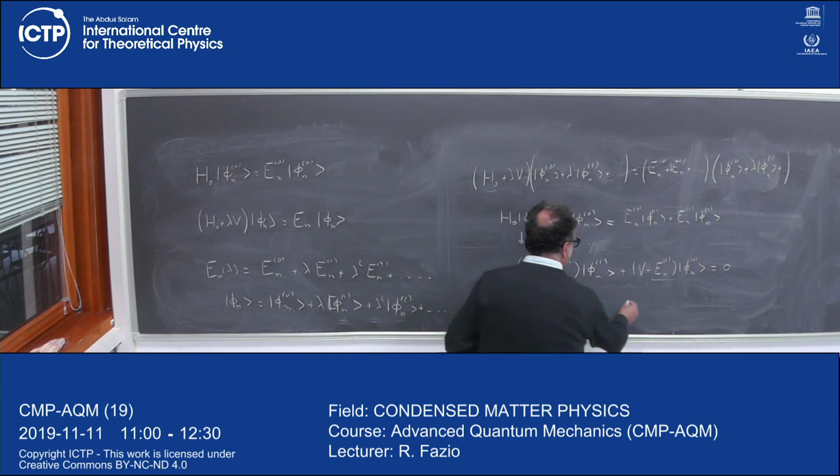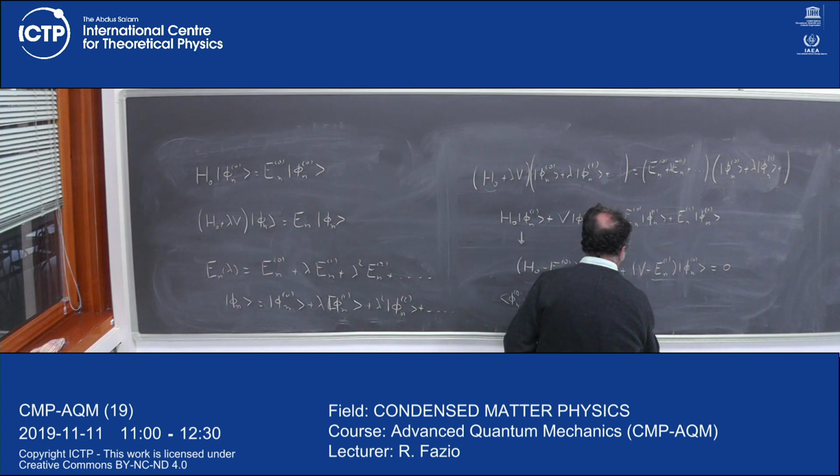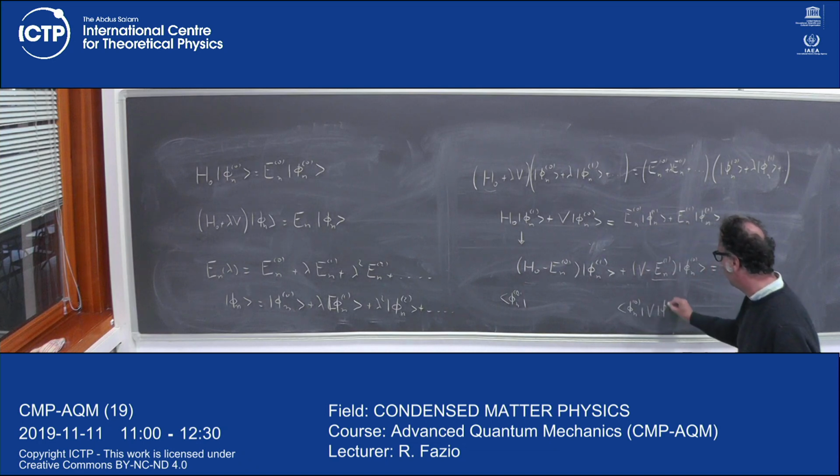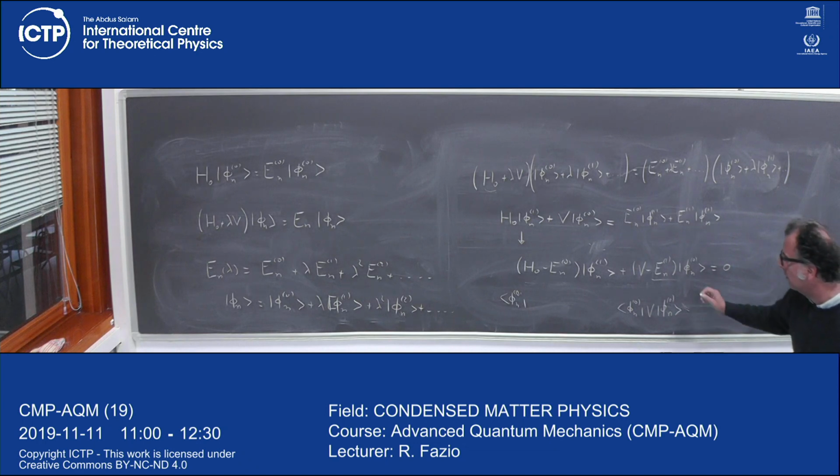So you get here phi 0 of n V phi 0 of n equal, or sorry, minus E1 times phi 0 n with phi 0 n, which is 1. So you get this. So you see that you found the first correction. E1 is just this.